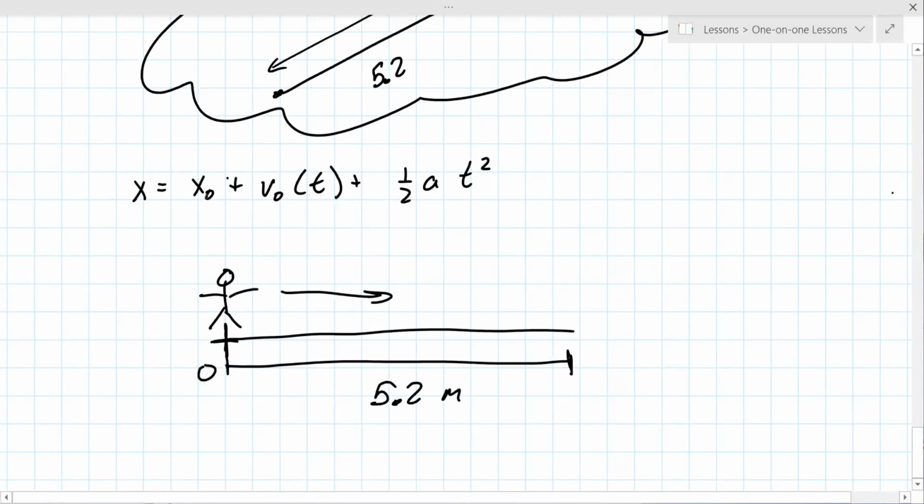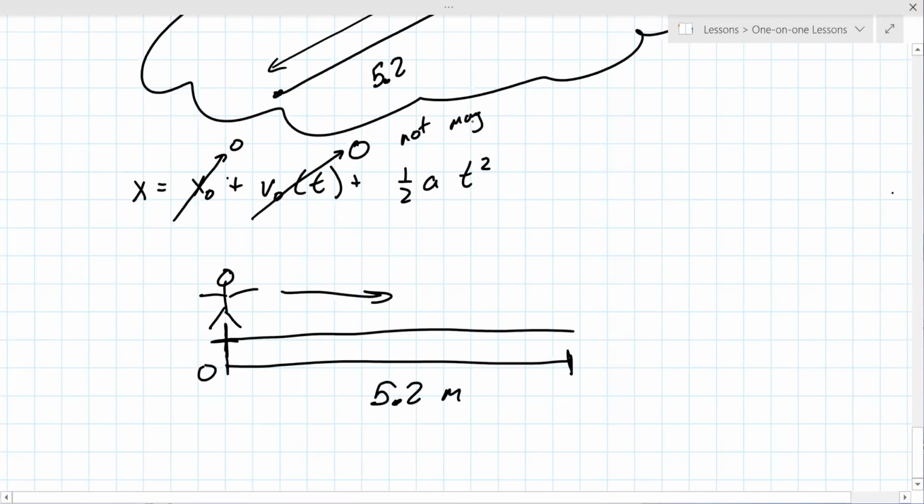What does that mean for x0? Is it 0? 0. Doesn't matter. In this problem, you are assuming, and this is an assumption you have to make, the initial velocity is 0. It's not moving when it starts. And you've got 1/2 acceleration times time squared.